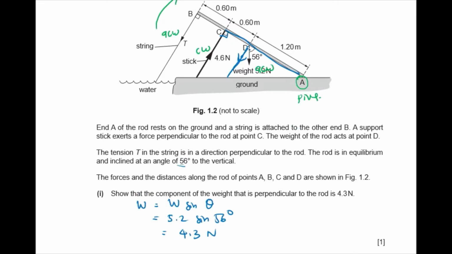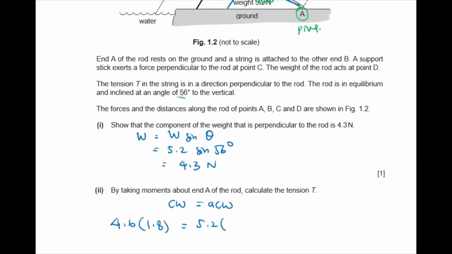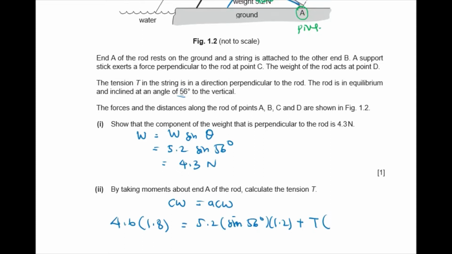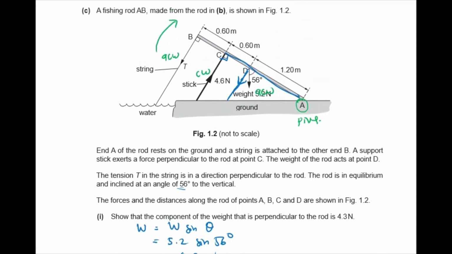Okay, this is weight perpendicular distance: sine 56 times 1.2, and T times the perpendicular distance, the whole thing 0.6 plus 0.6 plus 1.2.